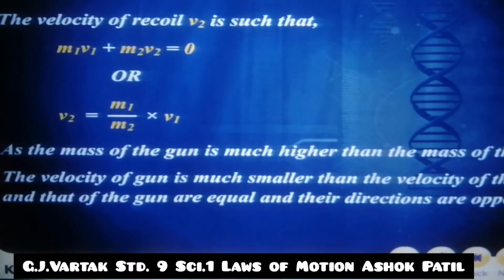The velocity of the gun is much smaller than the velocity of the bullet, and the momenta of the bullet and that of the gun are equal and their directions are opposite.